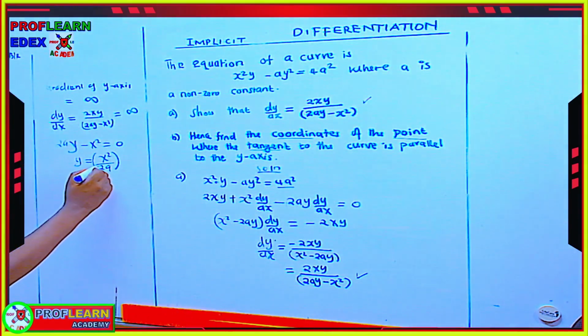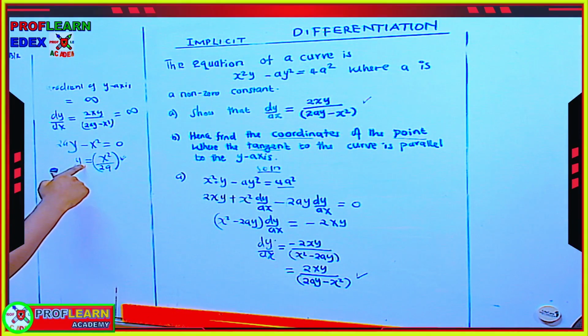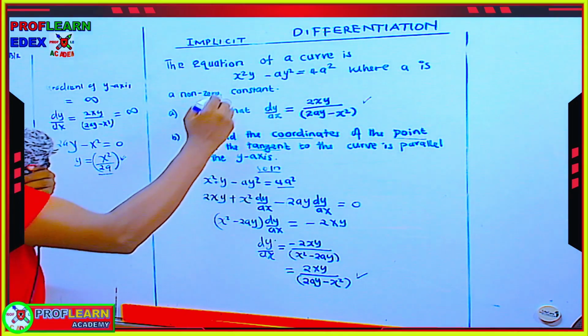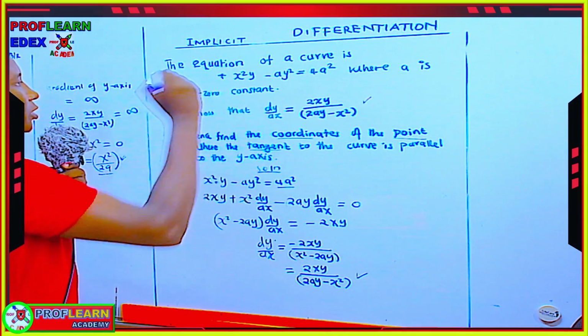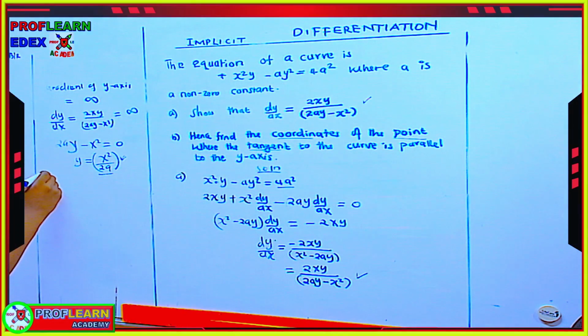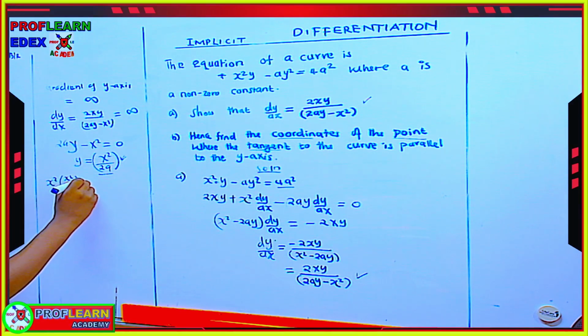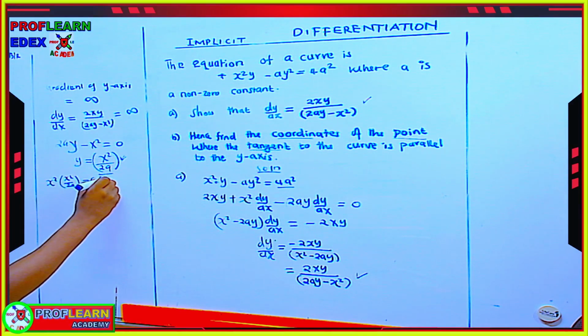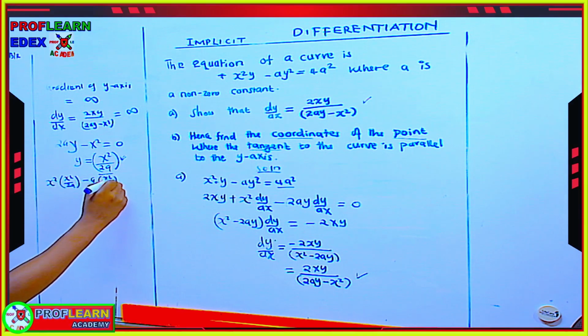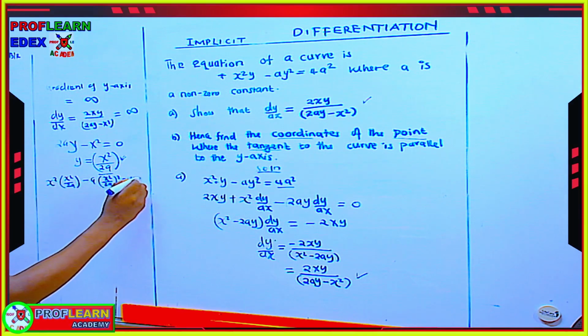We are going to substitute this expression for y into the original equation. So this is going to be x squared times, where we have y, x squared over 2a, minus a times x squared over 2a, all squared, equals 4a squared.